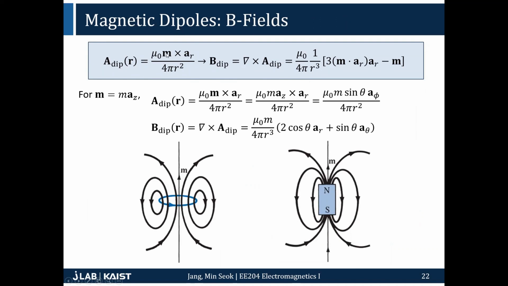So now you have a magnetic dipole moment and a vector potential A. By taking the curl of it, you get the B field, which looks like this: mu0 over 4 pi, 1 over r cubed, times 3 (m dot r-hat) r-hat minus m.